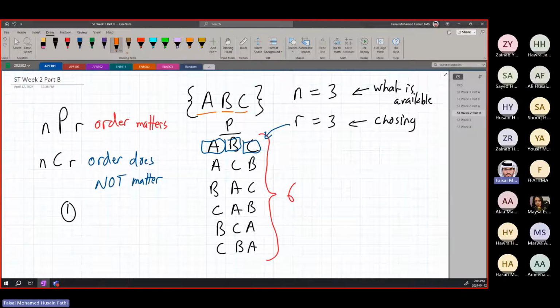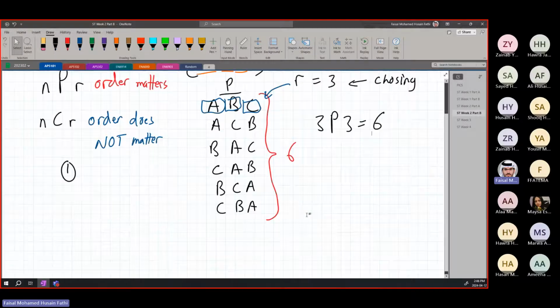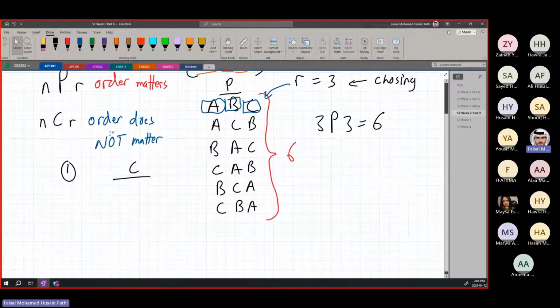So if we write this in the calculator, it is just going to be 3P3, which is going to give you 6. And for combination, for C, none of this matters, because in the case of combination, we do not care about the order.